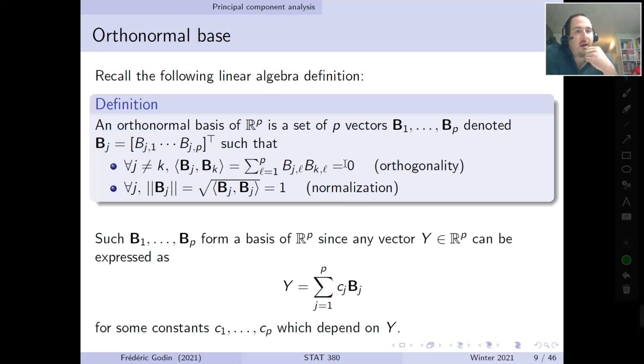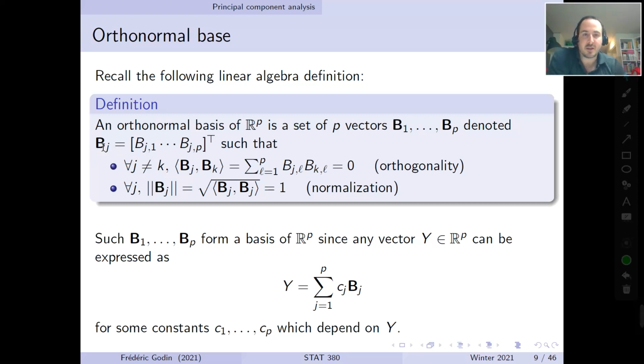Okay, so before doing some more illustration of what we're doing, we have to recall some definitions of linear algebra. So I'll read the definition. An orthonormal basis, so this is what we're defining. An orthonormal basis of the space Rp is a set of p vectors b1 until bp in Rp, where here bj, the vector bj, is the column vector represented by bj1 until bjp.